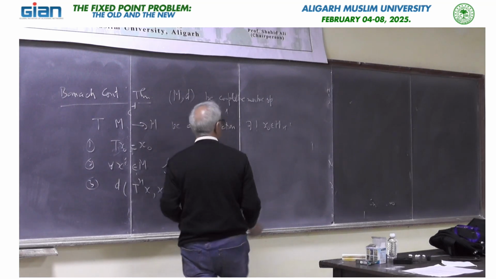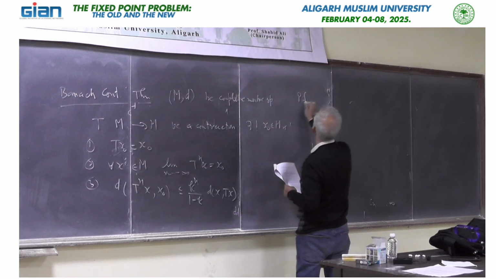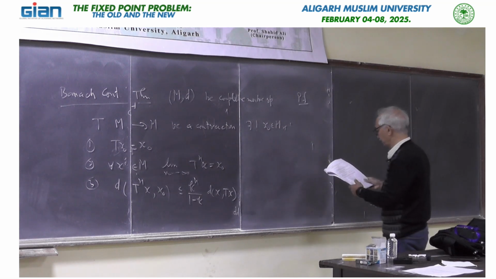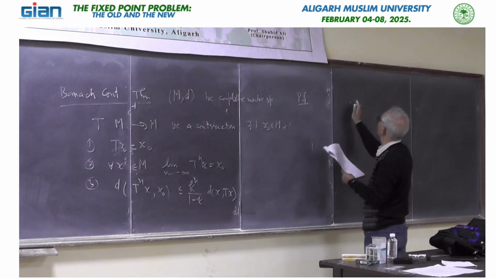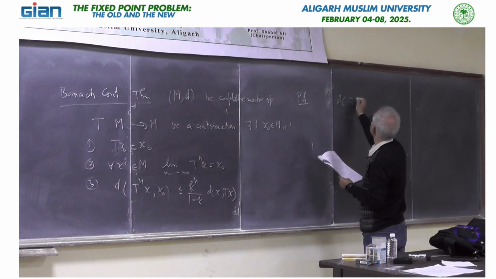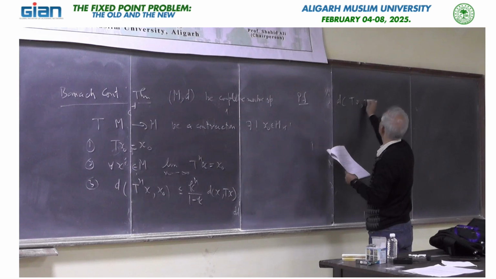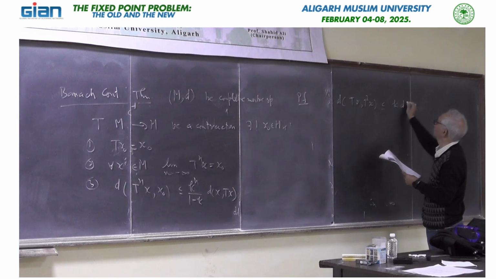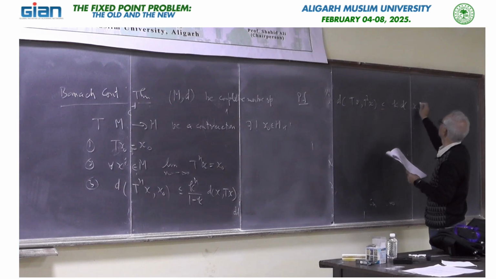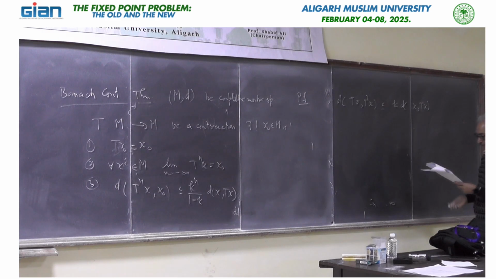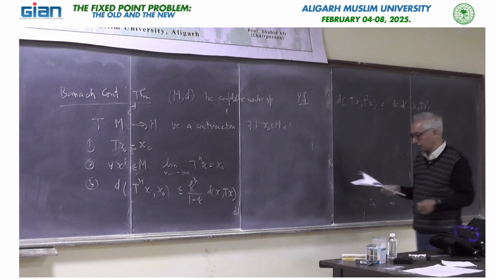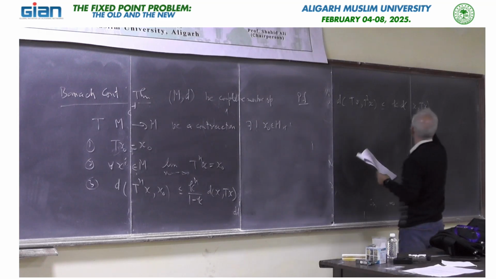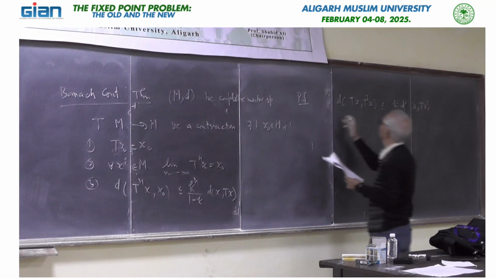Now let us see the proof of this. Since T is a contraction, you have d of Tx, T squared x less than or equal to k times d of x, Tx. Now you add d of x, Tx on both sides.